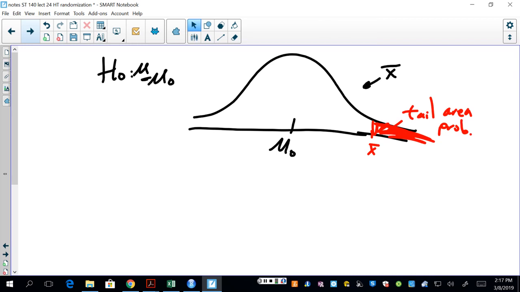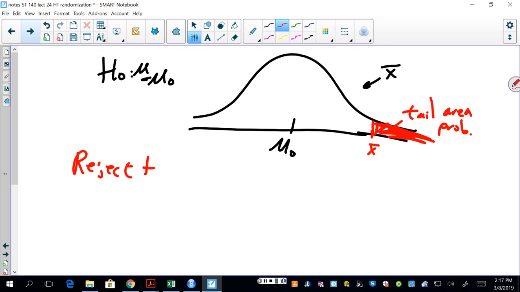We can do that under a normal distribution, and we'll also do it under a t-distribution because we're estimating the standard deviations. If that tail area probability is really small, like less than 5%, or less than 2.5% for the two-sided case, we reject the null hypothesis H0.